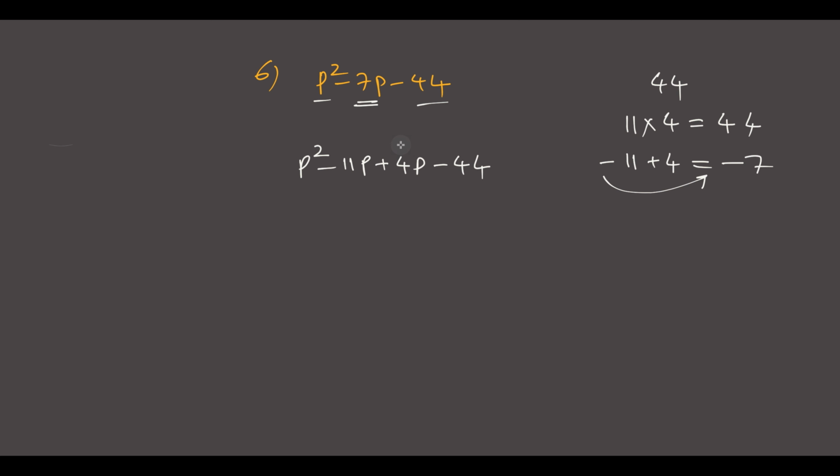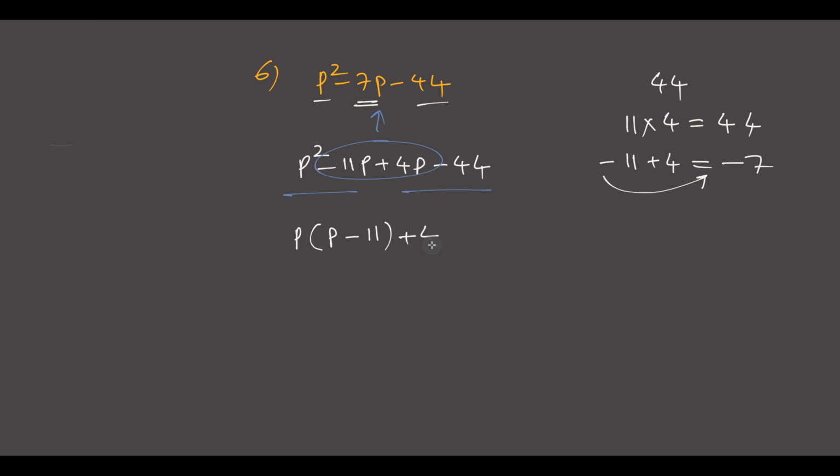If you see this, it gives the same middle number. Now we have to take the common factor between these two terms and these two terms. What is common in these two is just p. Then we divide p square by p, which is a single p, minus this p and this p is cancelled, so it is going to be 11. Now what is common in these two is just 4.